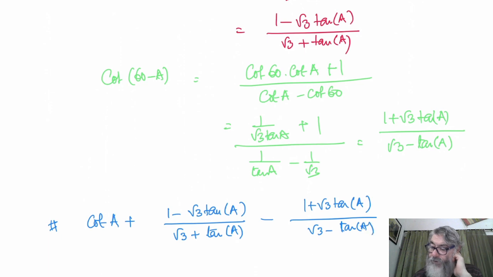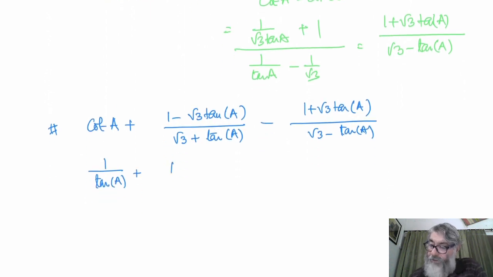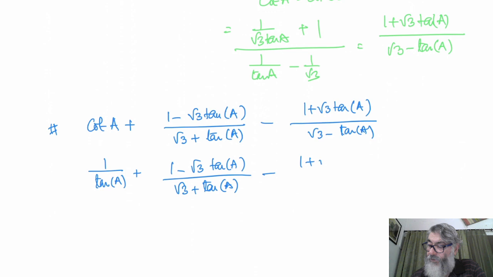Let's convert this cot A also as 1 upon tan A. Everything in terms of tan A: 1 upon tan A minus (1 minus root 3 tan A) upon (root 3 plus tan A) minus (1 plus root 3 tan A) upon (root 3 minus tan A).